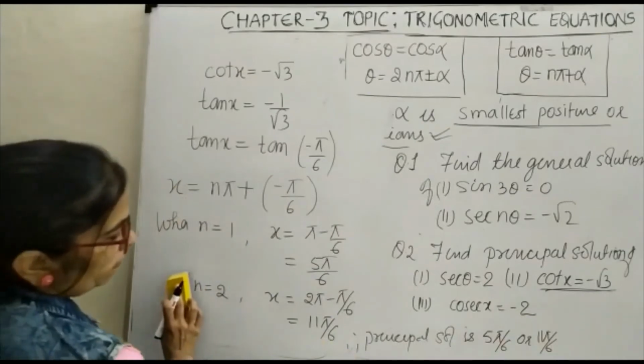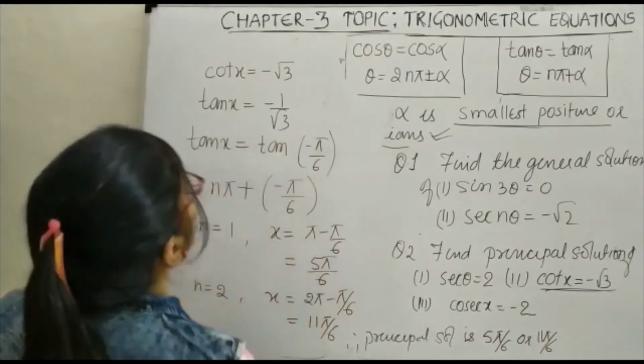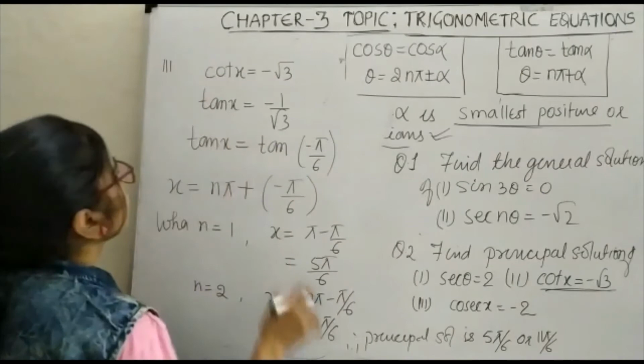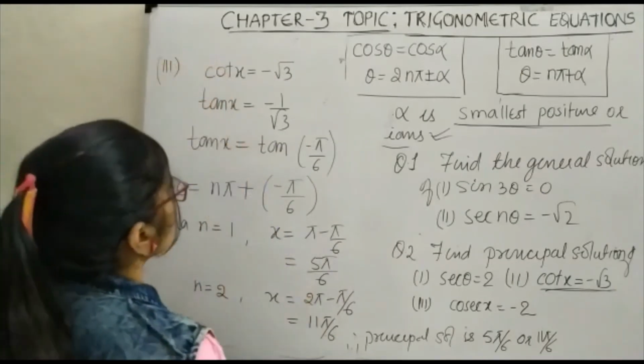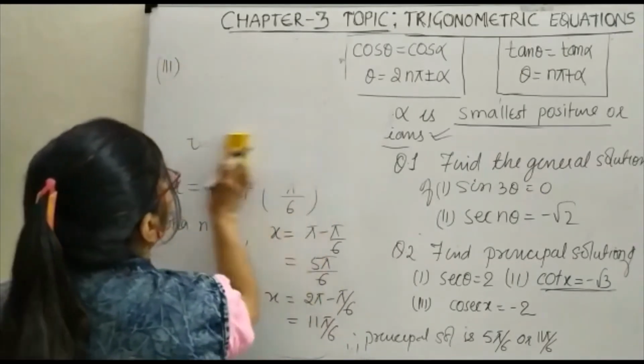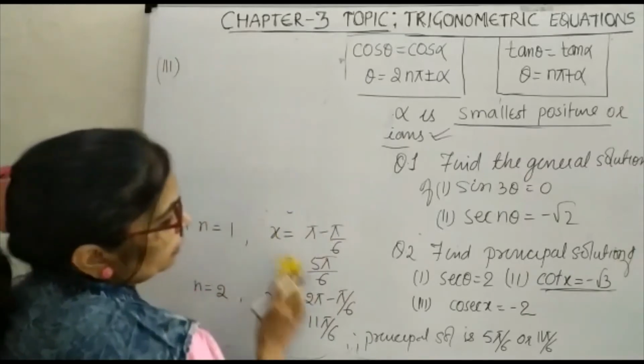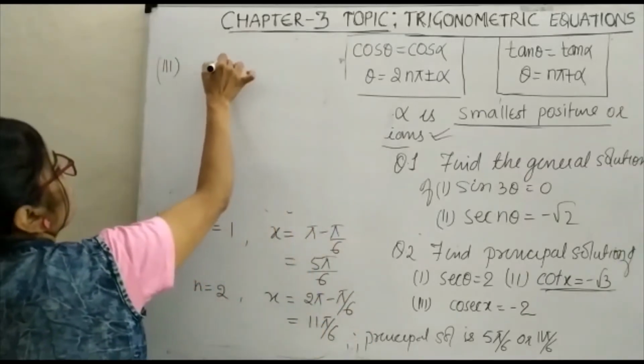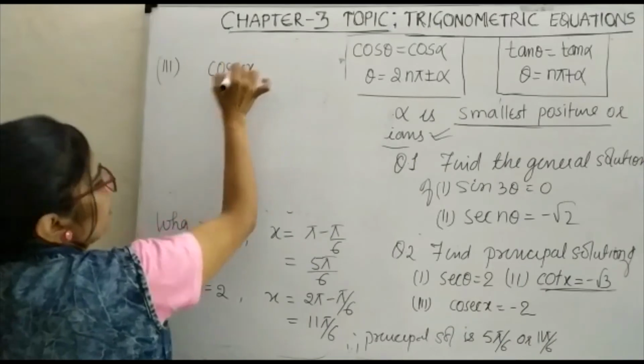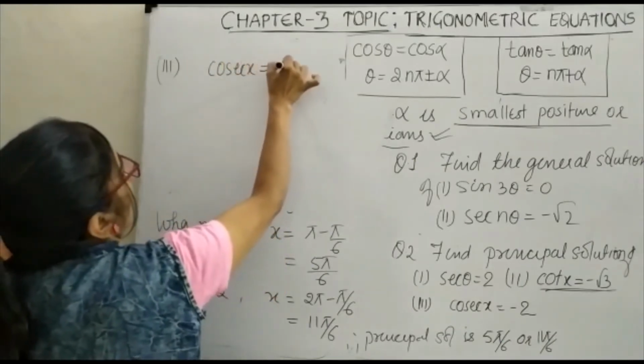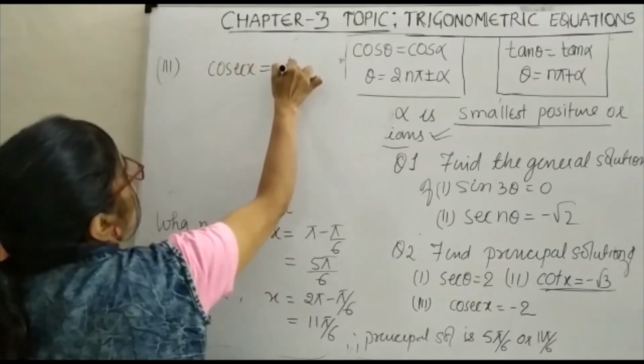Similarly, now let us move on to the third one. This is the third one. थर्ड में देखिए आपका ये हो जाएगा cosec x is equal to minus 2, right?